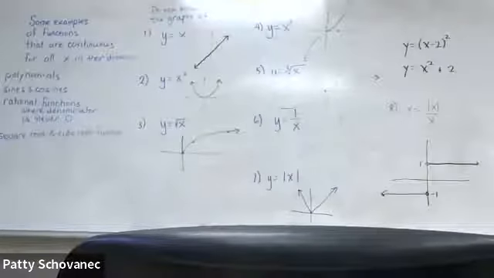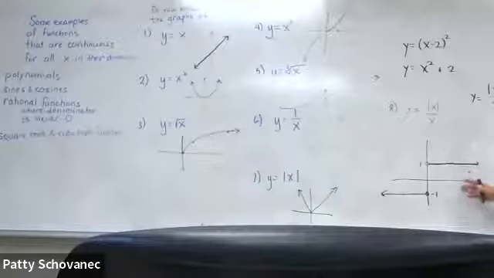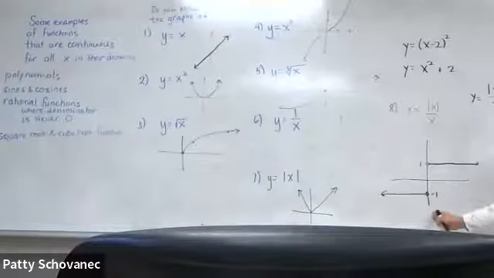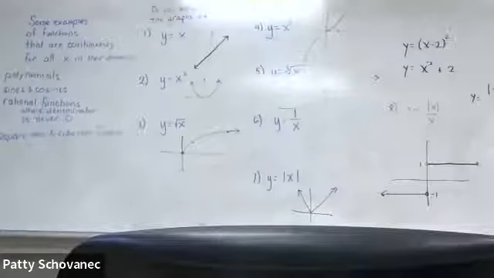And so if I do some sort of shift in there, it just moves it over to that value. For instance, if we look at the absolute value of x minus 2 over x minus 2, that's the same graph, but now the discontinuity is not at x is 0, it's at x is 2. Still looks like pieces that look like 1 and -1, but moved over to x is 2.